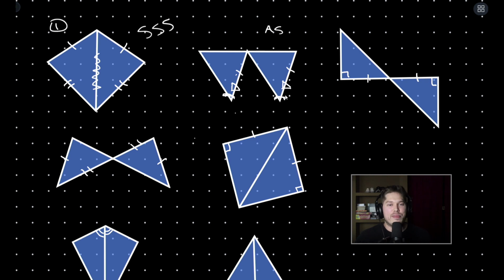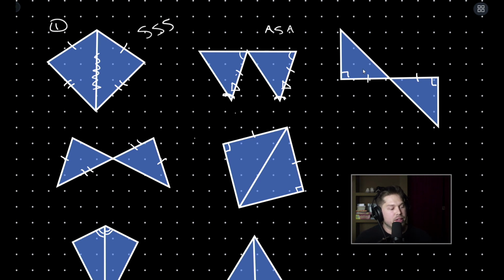Put on your thinking caps: does the fact that those lines are parallel tell us anything about our shapes? I'll give you a moment, pause the video. Okay, yes, it does tell us something about the shapes. It tells us that this angle here is a corresponding angle with this angle. Therefore, we have an angle side angle relationship, and these triangles are congruent.